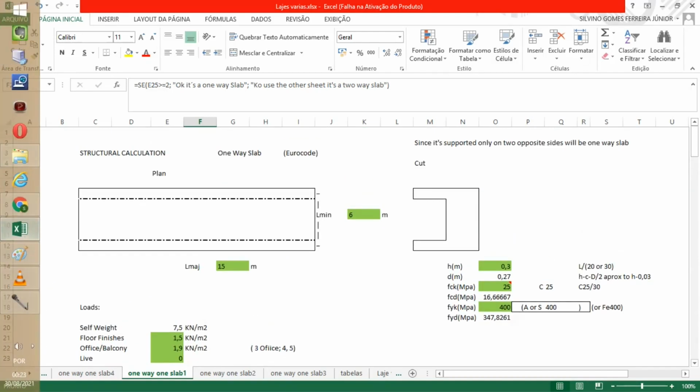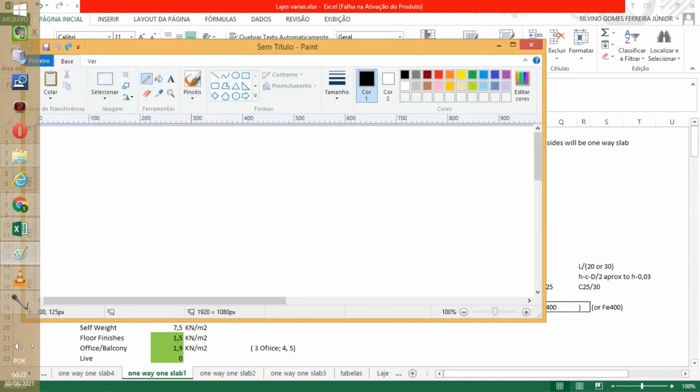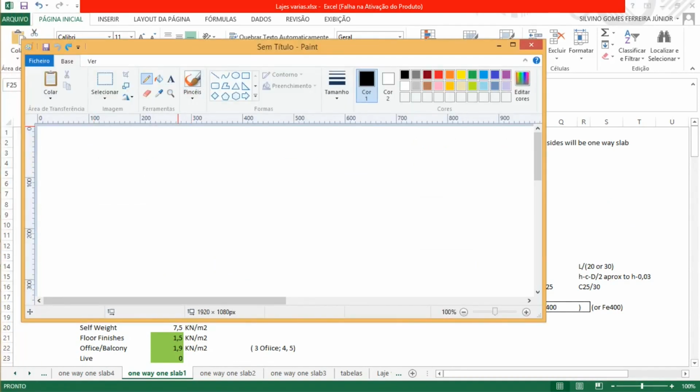Due to this kind of support, the main reinforcement will be along the shorter span.